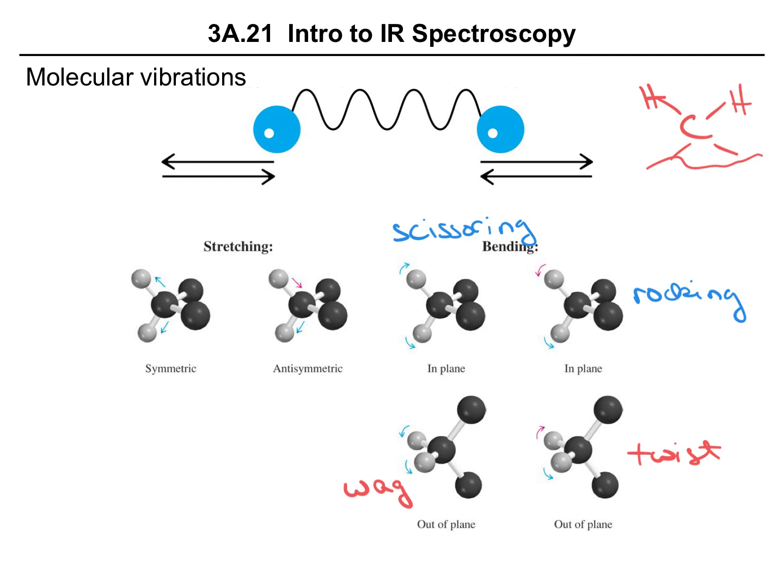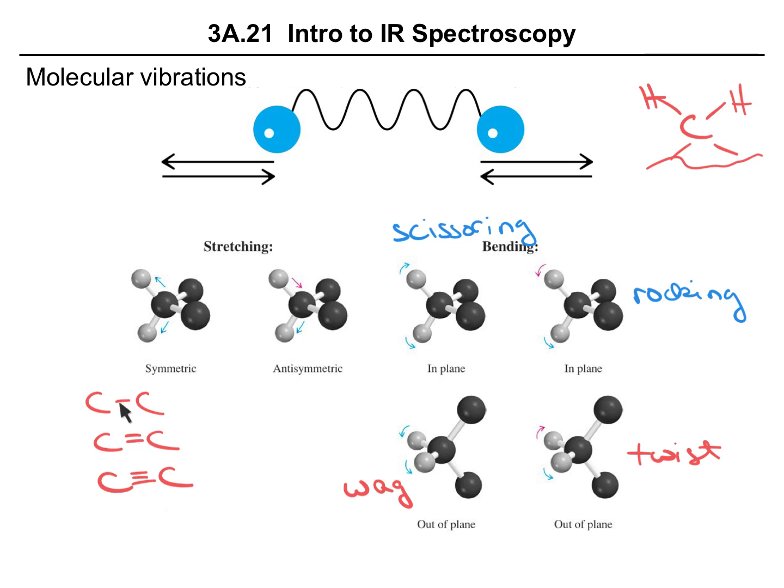Now, molecules will absorb a particular energy to cause a stretch or a bend. But let's also think about if we were to compare a carbon-carbon single bond, a carbon-carbon double bond, and a carbon-carbon triple bond. A single bond is going to be weaker than a double bond, which in turn is weaker than a triple bond.